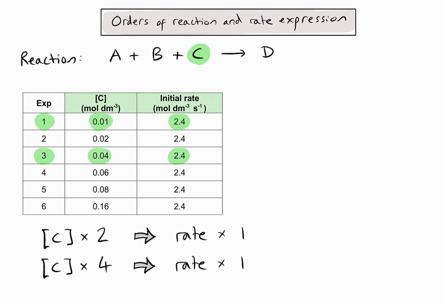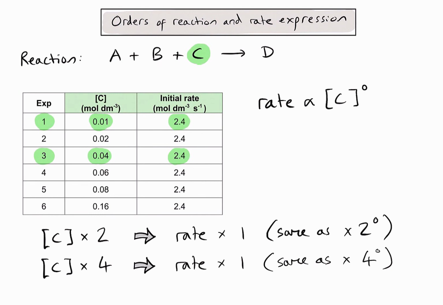So the impact on the rate is the same as taking the factor by which I'm changing the concentration to the power of 0, which is always going to give 1. So as with the previous examples, I could express this as rate being proportional to the concentration of C to the power of 0. And I can adapt this mathematically, as we've already seen. Once I have identified the coefficient, I can then describe the order of reaction with respect to this reactant, in this case 0.